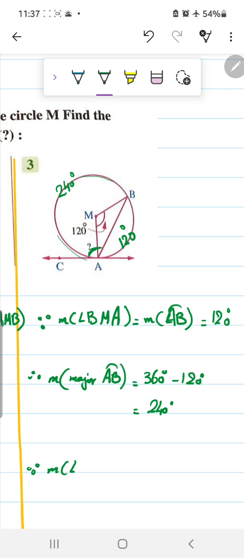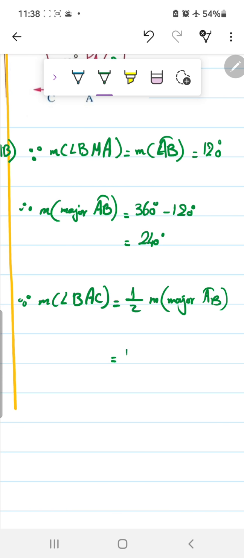So since measure of angle BAC equals half the measure of the major arc AB, so half times 240 degrees equals 120.